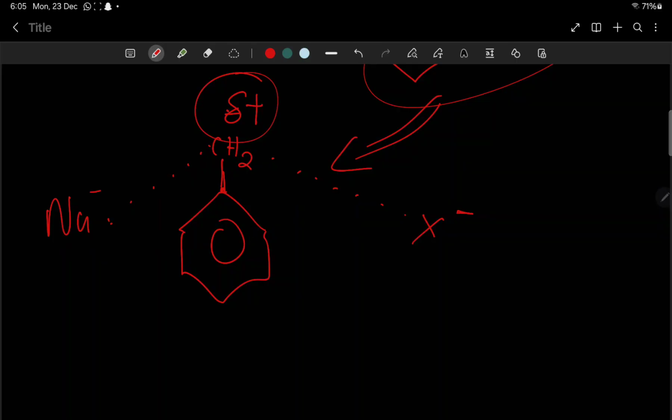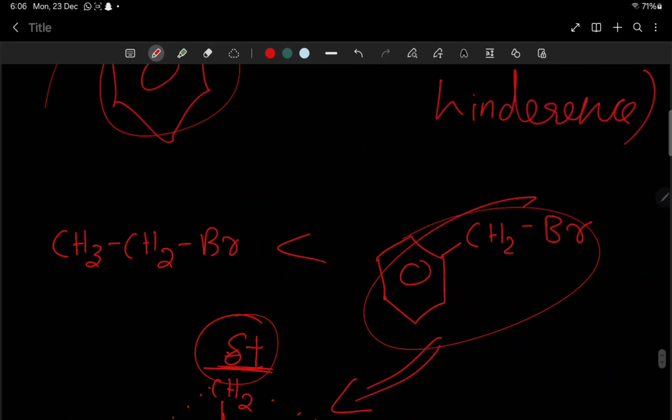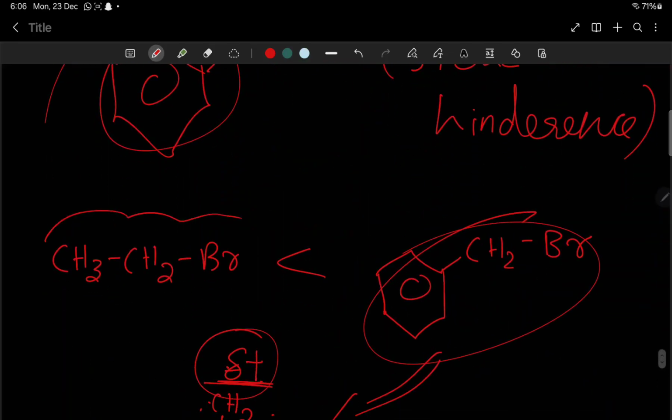This partial positive charge, what happens here? Resonance happens because of this partial positive charge. Resonance stabilization happens during the SN2 reaction due to this partial positive charge. But in the case of this group, there is no resonance stabilization, right?